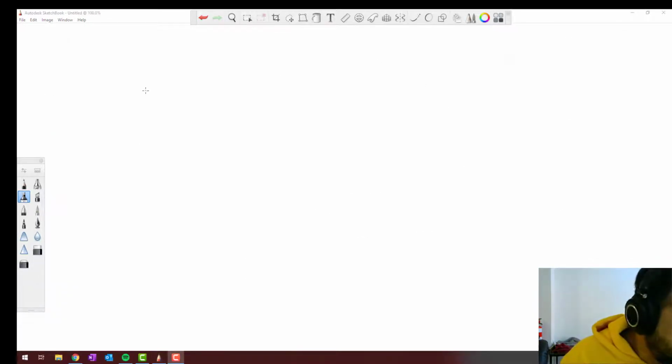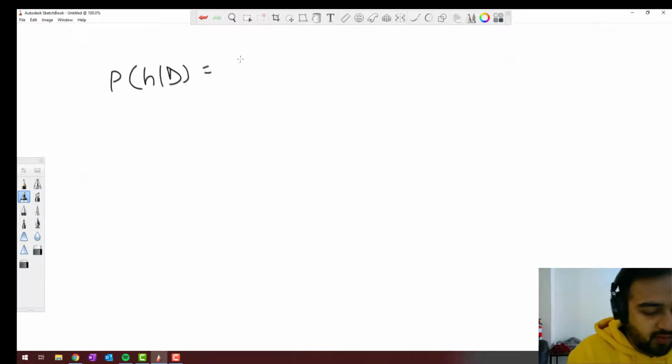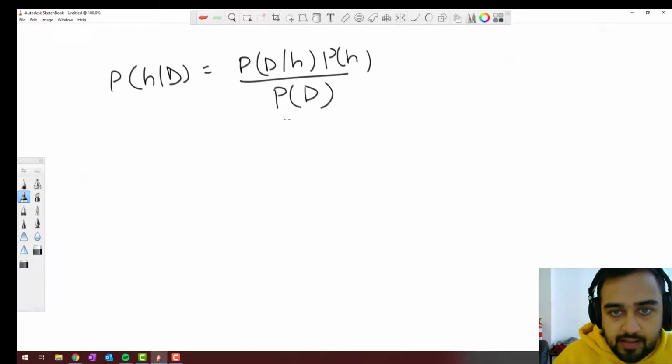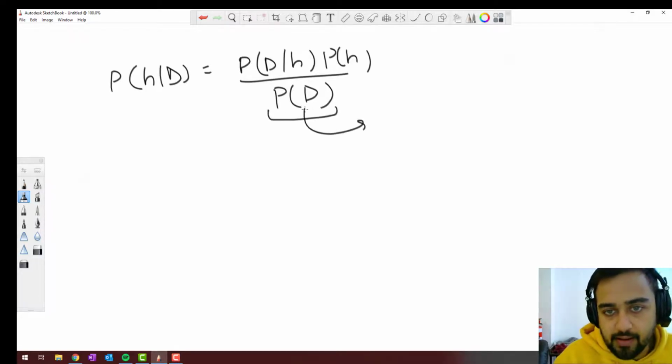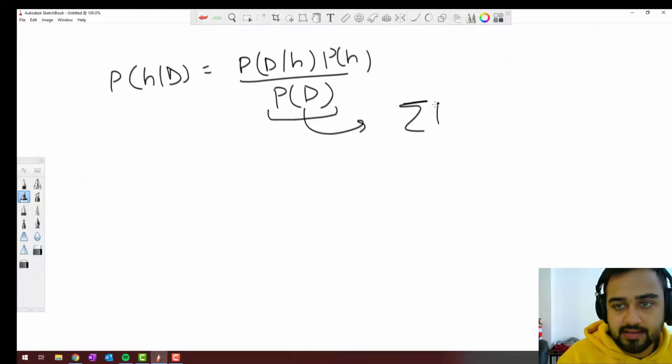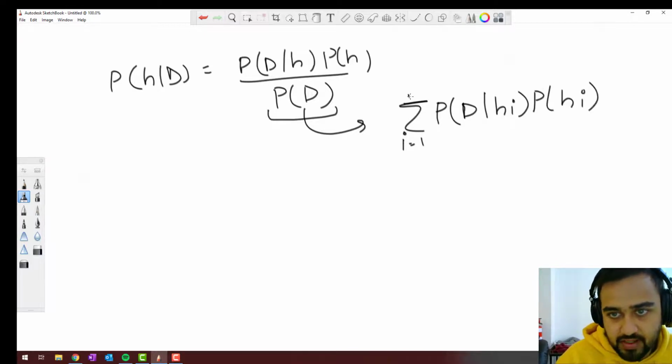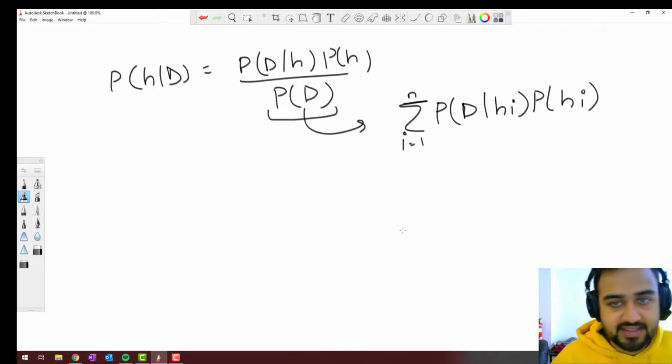So now let's rewind a little bit. We have this formula P(H given D), which was written as P(D given H) times P(H) upon P(D). Now, as you know from total probability, P(D) can also be written as the sum of P(D given Hi) times P(Hi), from i equals 1 to N, the total number of hypotheses that are there.